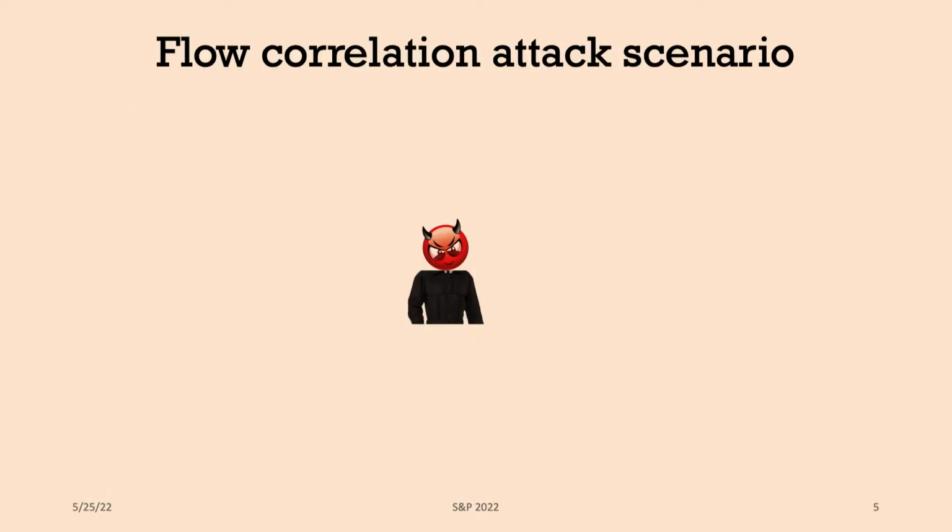Right, then let me introduce a more specific attack scenario of flow correlation. Here we have an agent, which is a global-level adversary. He is a machine learning expert, and he is interested in investigating whether or not a specific person, Bob, is a dissident.